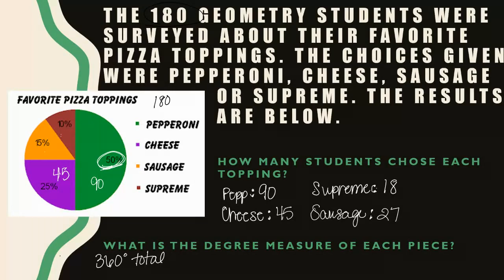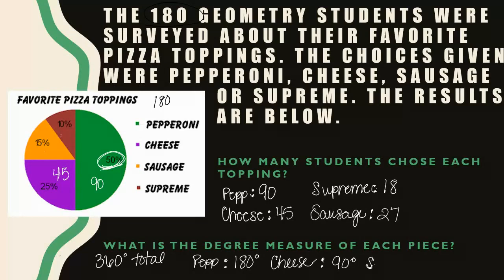So to find 50% of 360, I multiply 50 times 360, divide that by 100, and I get 180 degrees. To find 25% for the cheese, 25% of 360, do the same thing, 25 times 360 divided by 100, and I get 90 degrees.